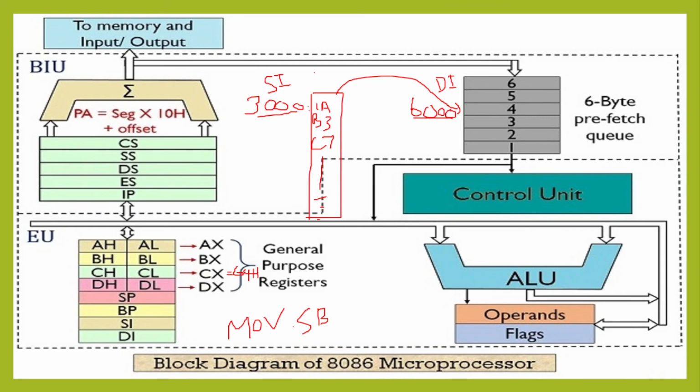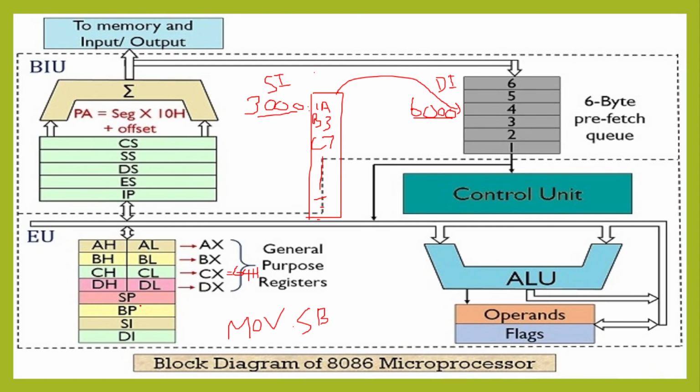If CX is 0 it will come out of the loop and move on to the next instruction. That's where the source index and destination index are useful when we perform string related functions such as scan string, copy string, then add string, subtract string. Likewise we can perform. That's where these two are useful. The CX is also useful here.